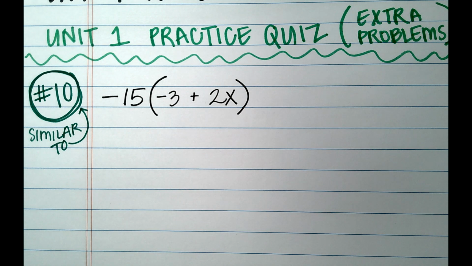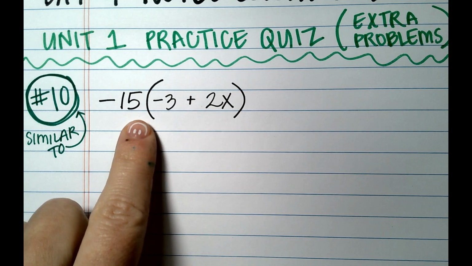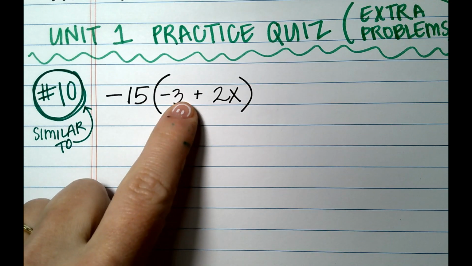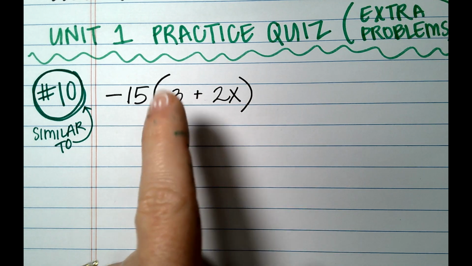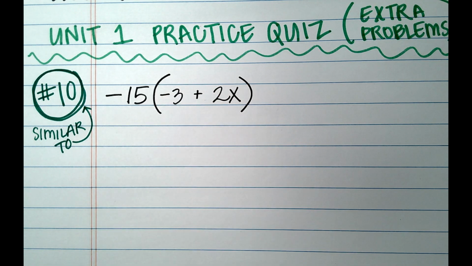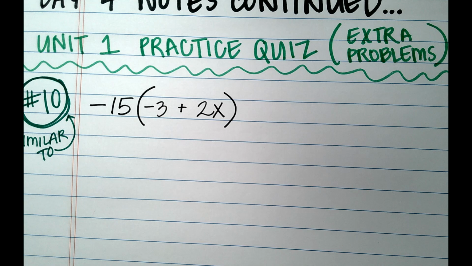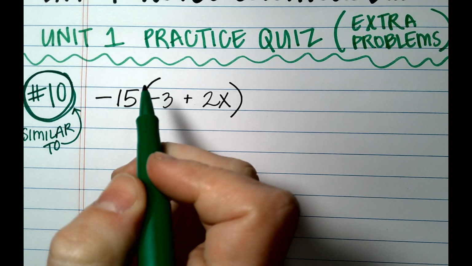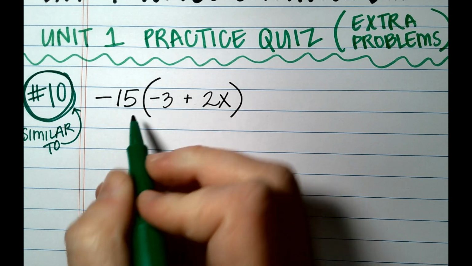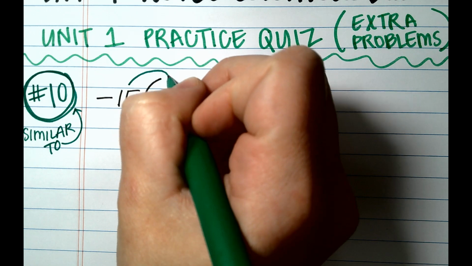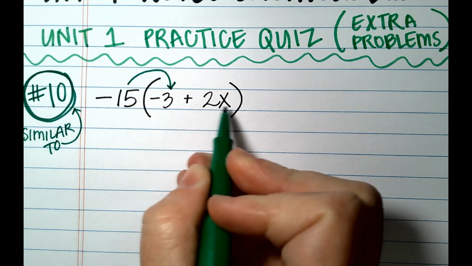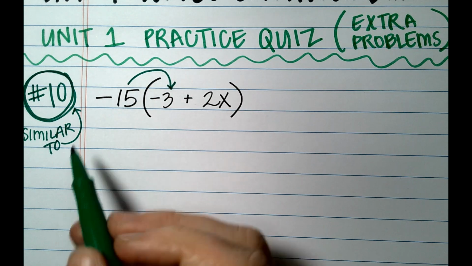So remember, anytime we have a number outside of another number in parentheses, or even outside multiple numbers in parentheses, we are multiplying. This is distribution. Whenever we are using distribution, we are multiplying two things instead of one.